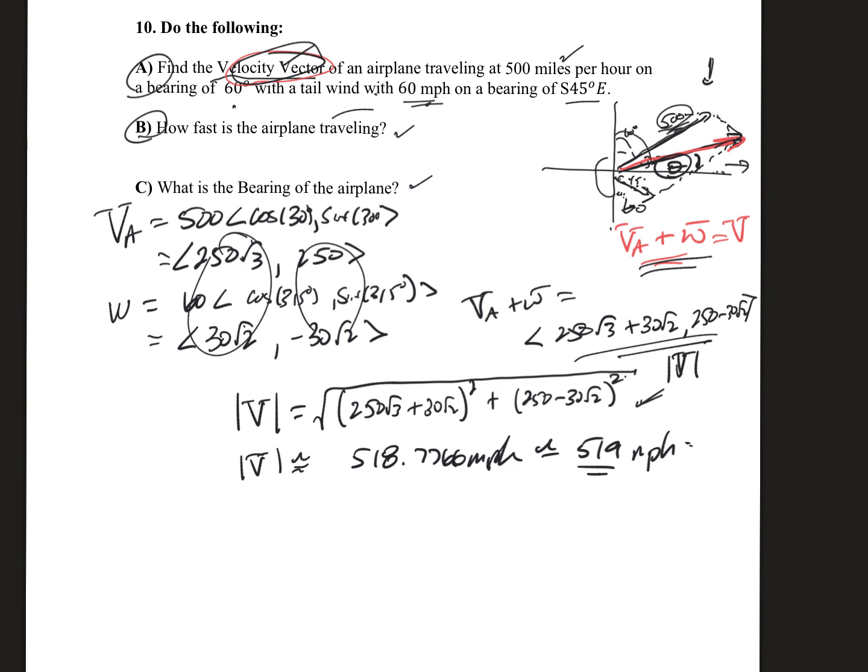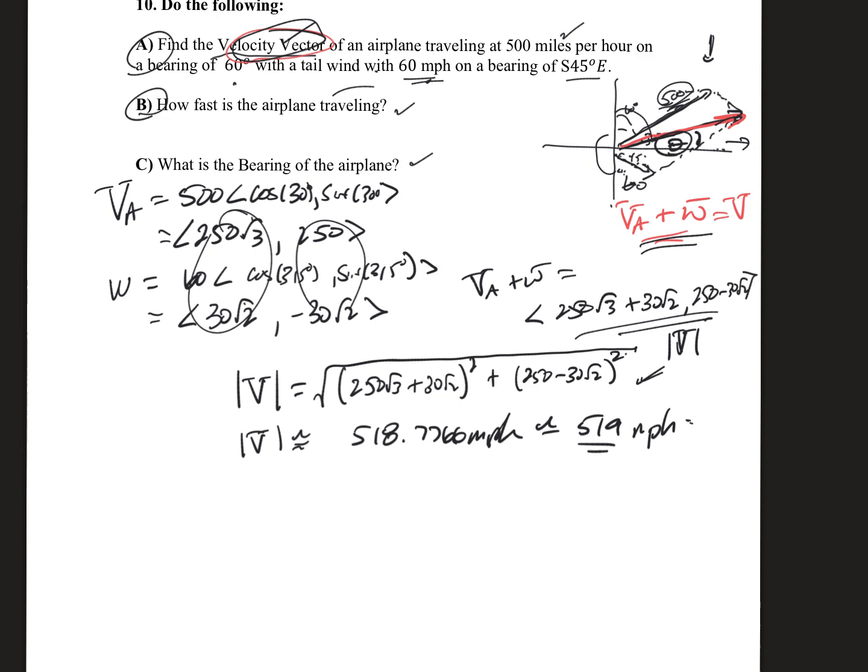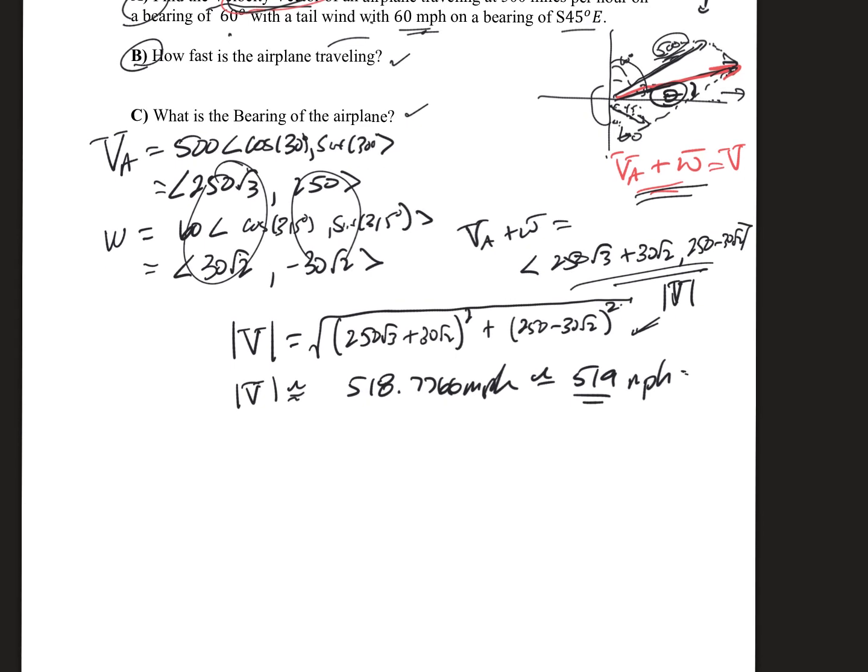But what we know, from previous work, is that the tangent of the angle I'm looking for is my y-coordinate, 250 minus 30 square roots of 2, divided by my x-coordinate, 250 square roots of 3 plus 30 square roots of 2.